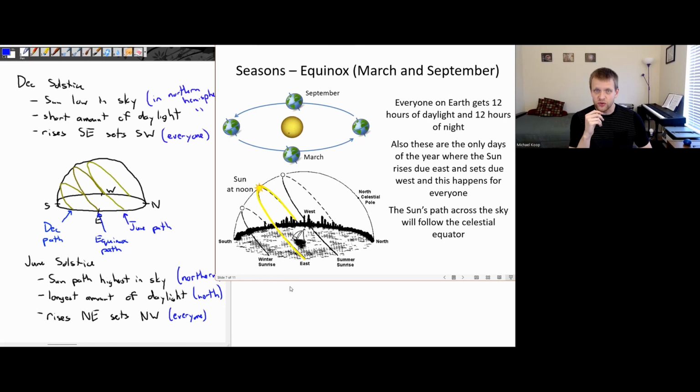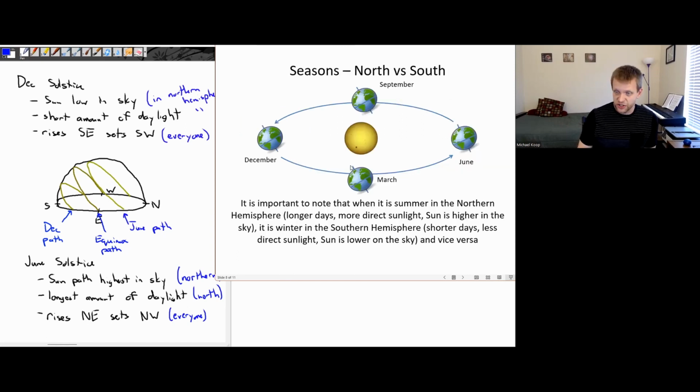Is there any data that you could gather to test your proposed mechanism for why drivers might have more accidents on these days? So maybe a discussion question.